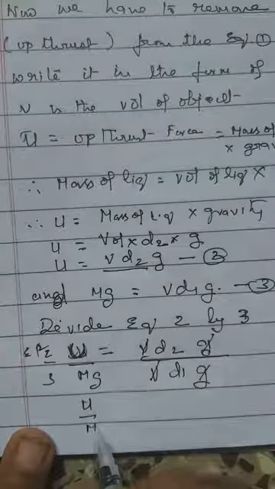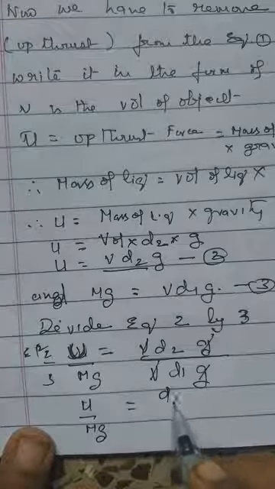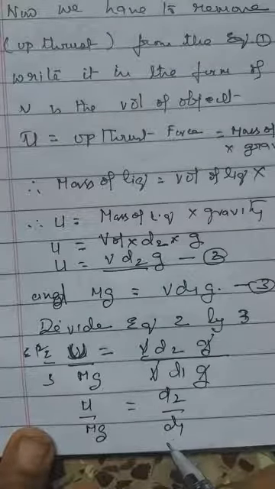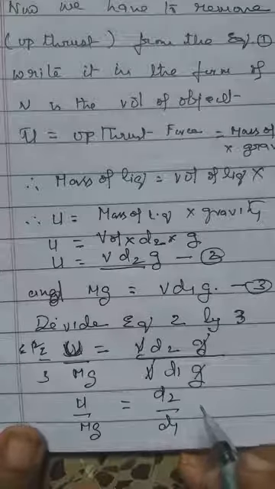Therefore, on dividing equation 2 by 3, we get U by mg is equal to d2 by d1.